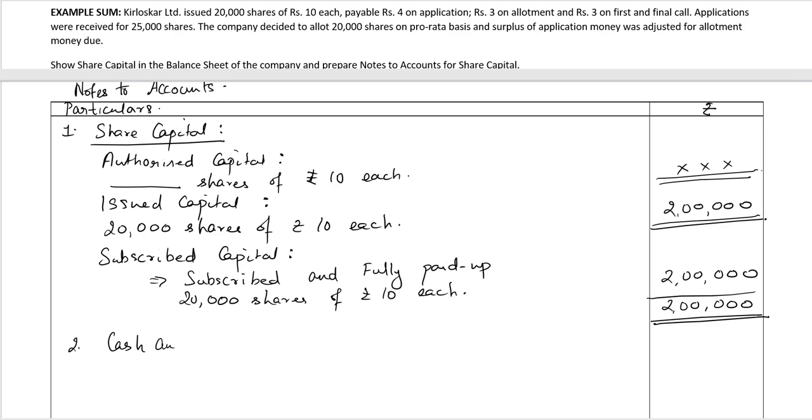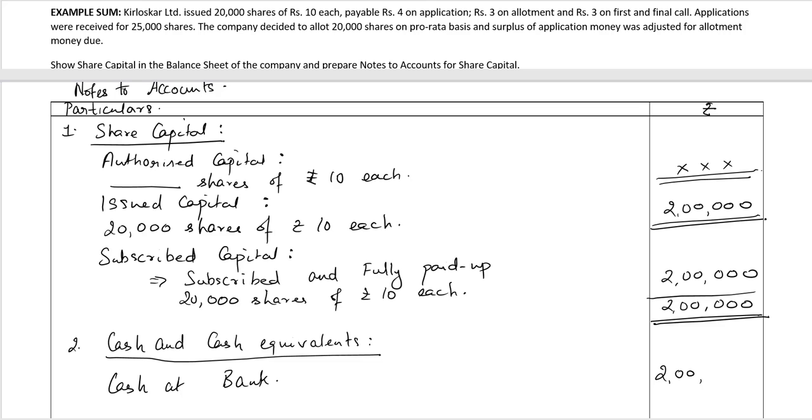Cash and cash equivalents. We have cash at bank. The company would have received rupees 2 lakh as cash.